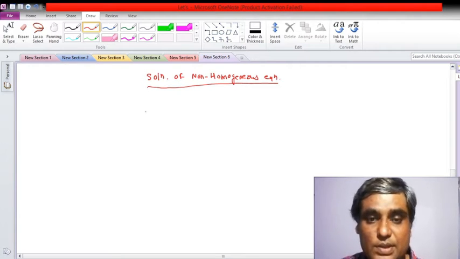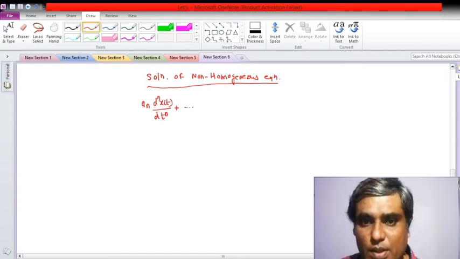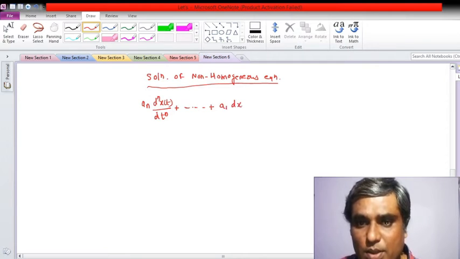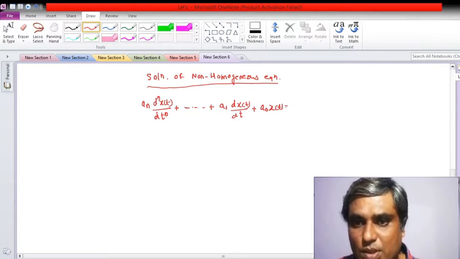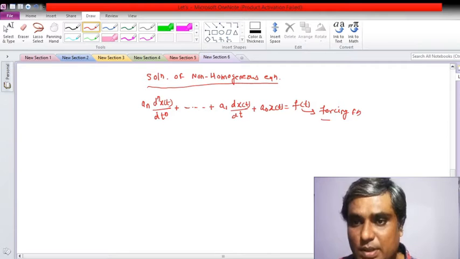So let me write the generalized form: an dn x of t by dt raised to n, and this way plus a1 dx of t upon dt plus a0 x of t, which is now not 0, which is some function f of t, and that function let me call it the forcing function, right?